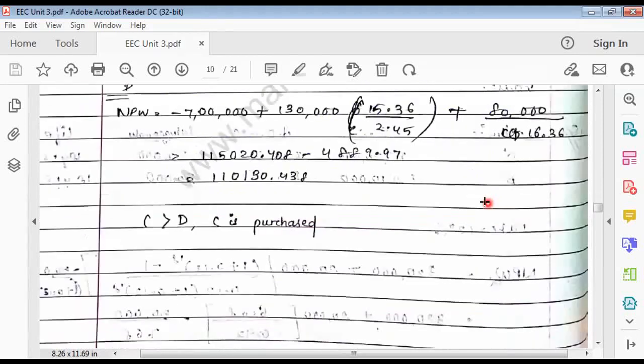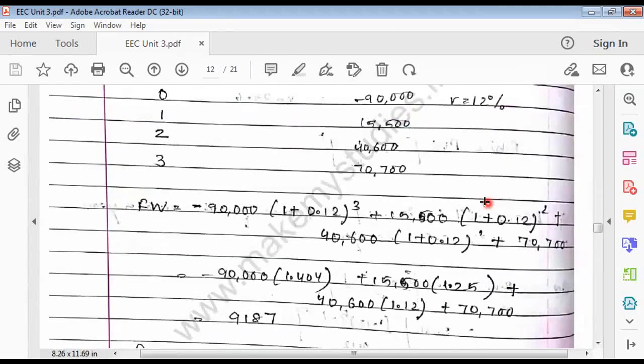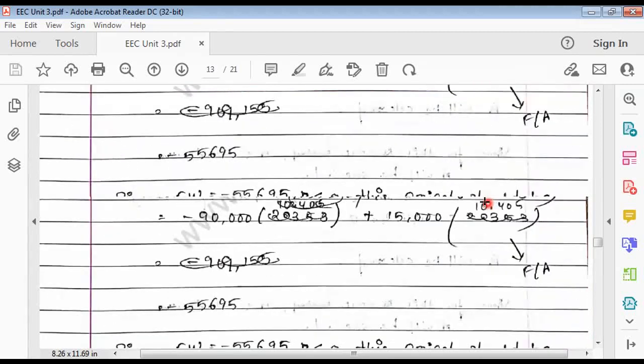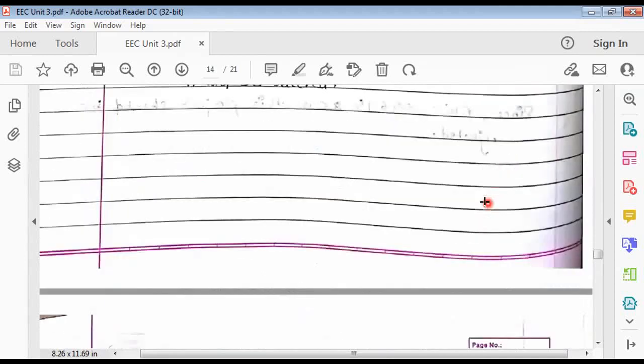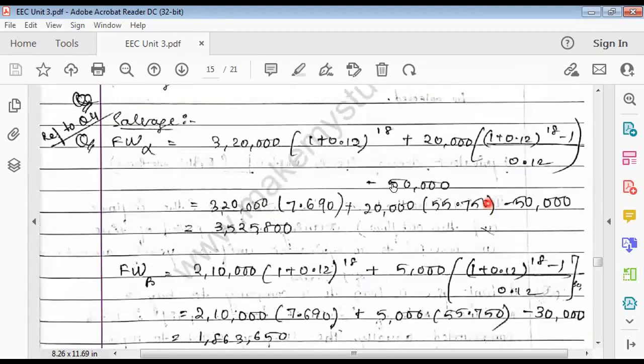But here you see, you must have understood by now. Here, since this is already the future worth, salvage value, by definition, by nature, is always the future amount, and we are already doing the future worth method. So that is why it will be simply minus 50,000. No changes in that.